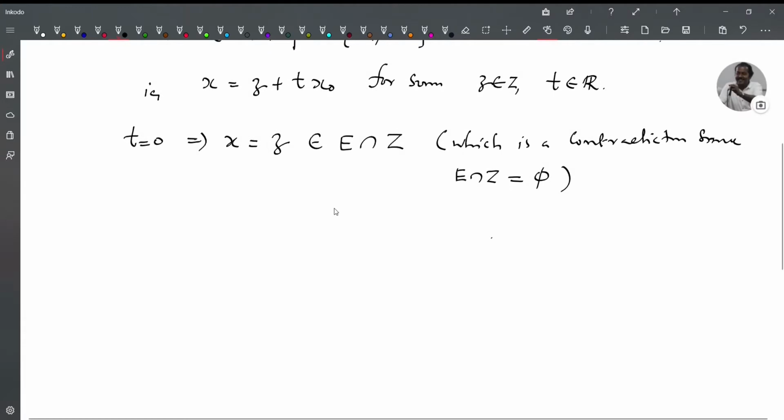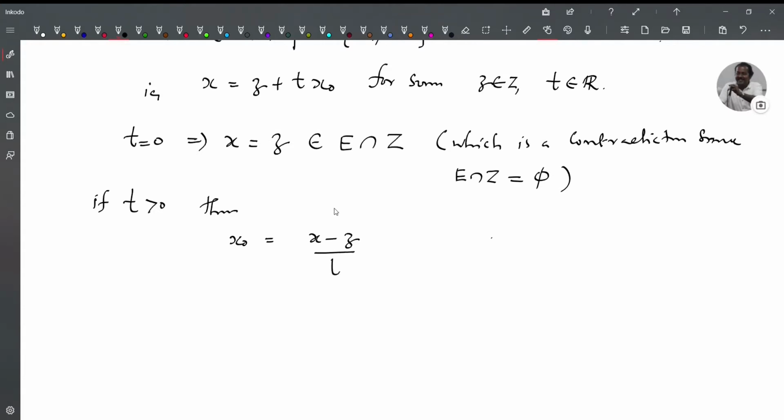Now suppose that t is greater than 0. So if t is greater than 0, then x₀ equal to (x minus z) divided by t, or this is equal to x by t minus z by t. This belongs to S. This is because S is Z union rE such that r is positive.